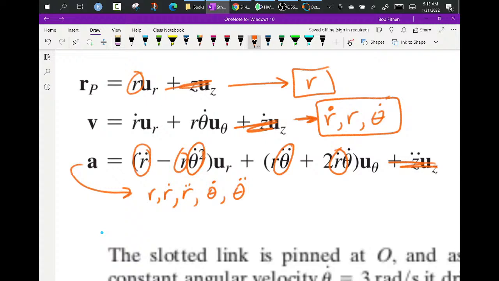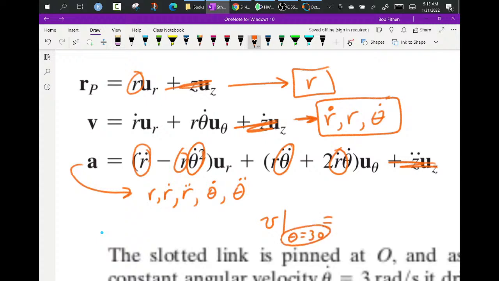Notice in here, there's no real specific implied location for this. However, it's there because if you're looking for the acceleration or say the velocity, you're going to be looking at, let's say, 30 degrees.